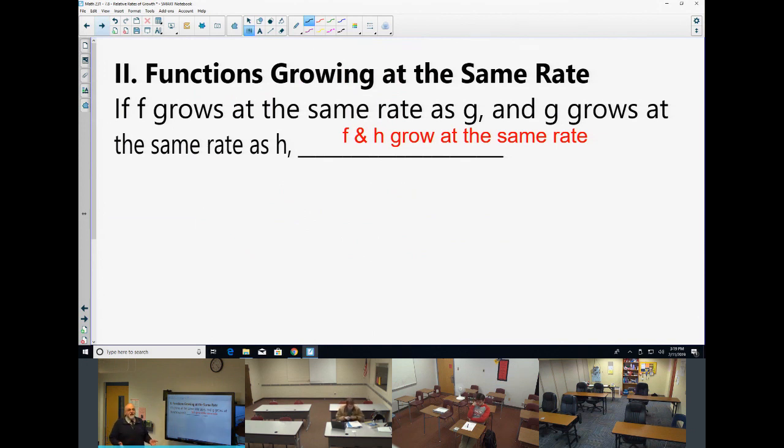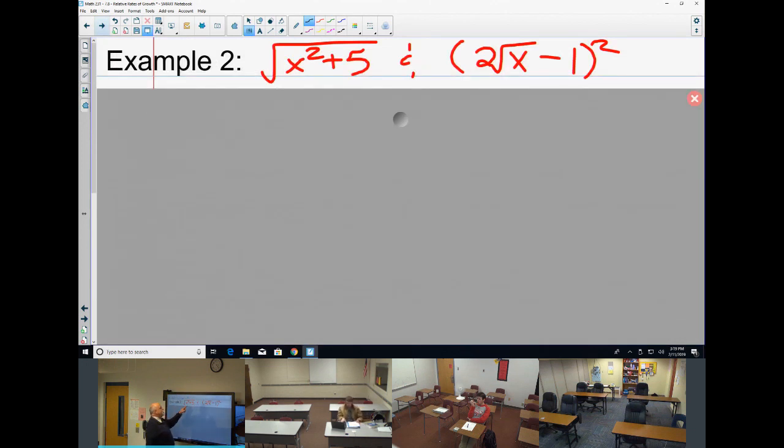Now, this might be kind of a duh type thing, but it's actually an important idea because sometimes functions are hard to compare with each other. For example, if I wanted to know which of these grew faster, those are hard to compare.